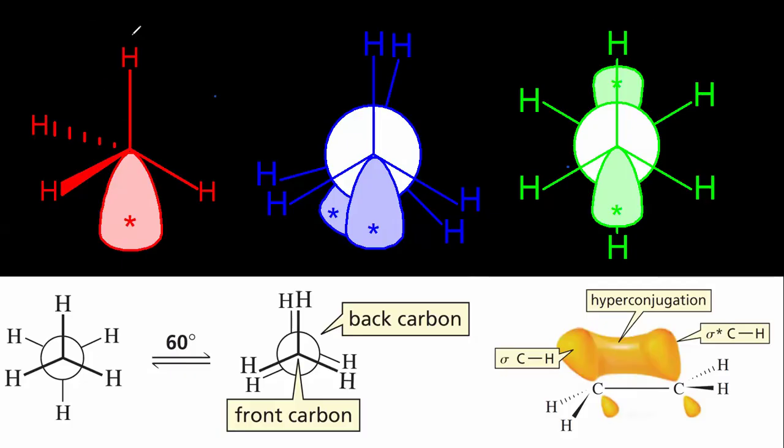This particular white orbital that has been mentioned is the antibonding molecular orbital for this particular hydrogen. This is a carbon-hydrogen bond, which we call a sigma bonding molecular orbital. At the opposite end, you have the same carbon-hydrogen bond's sigma star antibonding molecular orbital.